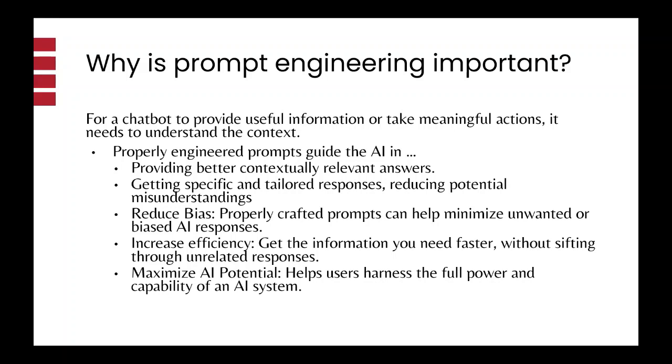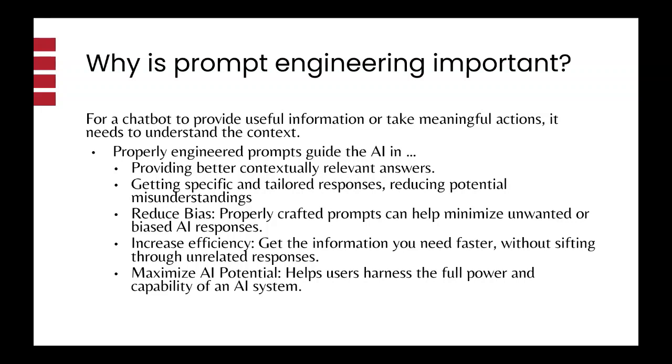For example, Yurio has given an example: the sky is blue or clear. It has different answers. But if you give specific context, you will get the exact answers that you are looking for. This makes interaction smoother and more efficient. And also we can actively reduce bias by being deliberate with our prompts.